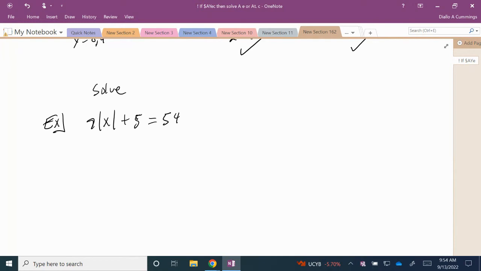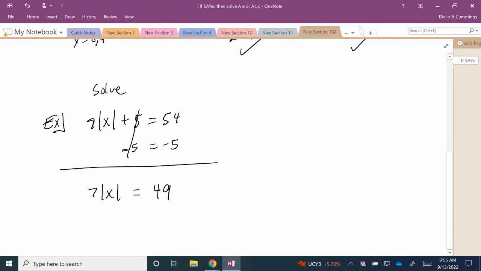So the first thing we're going to do here is I'm going to subtract 5 from both sides. Right? So I'm going to bring down 7 times the absolute value of x. That comes down. The 5s are going to cancel. I'm going to bring down equal to. And 54 minus 5 is 49.